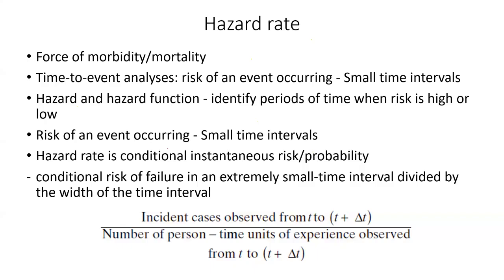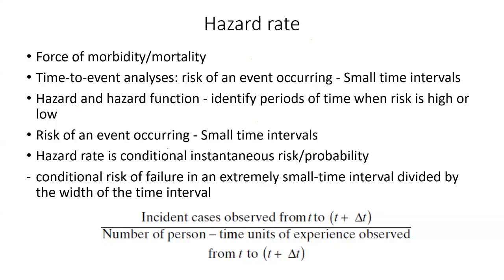So if you look at the formula, you will see that in the numerator you have incident cases which are observed in that small interval of time. So you have, say, t at the beginning, and the next minute could be your small interval of time. So how many cases have occurred in that 1 minute are your incident cases.